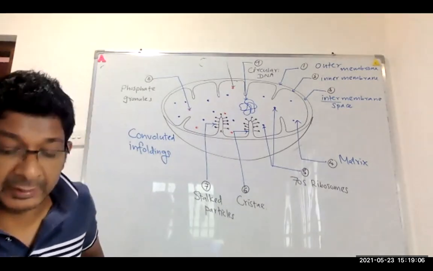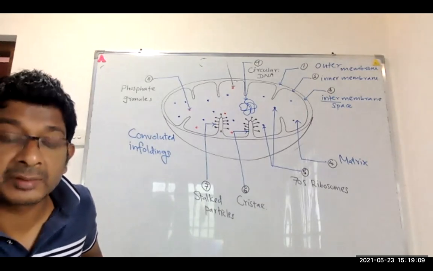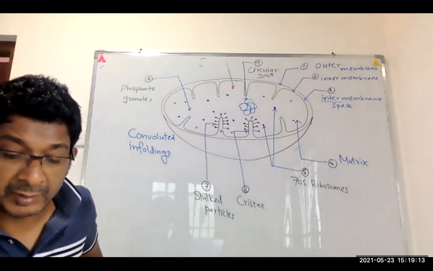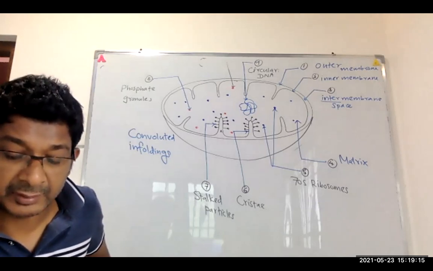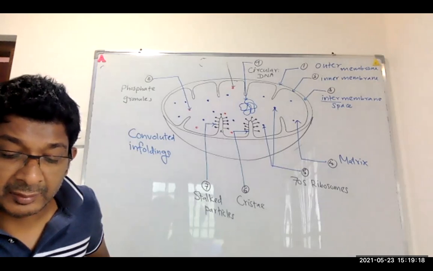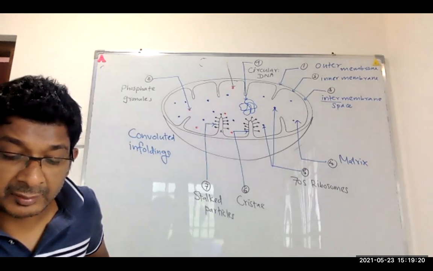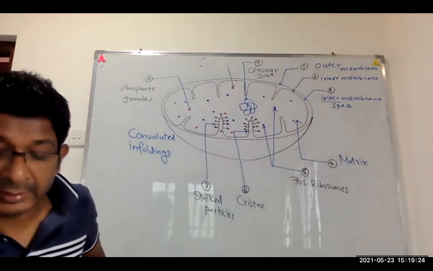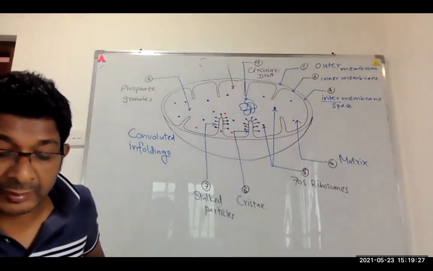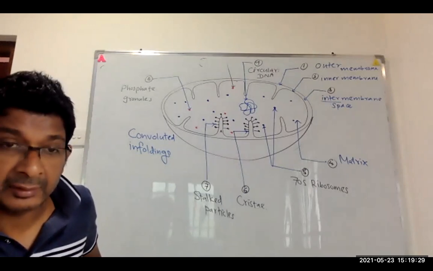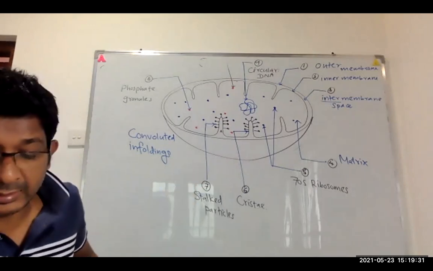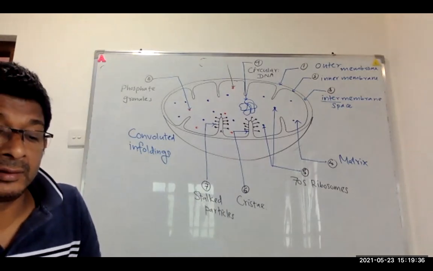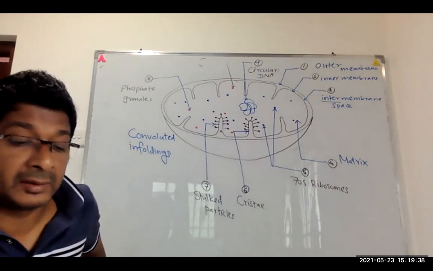Next point. Mitochondrial matrix contains: first one, mitochondrial DNA, circular DNA.